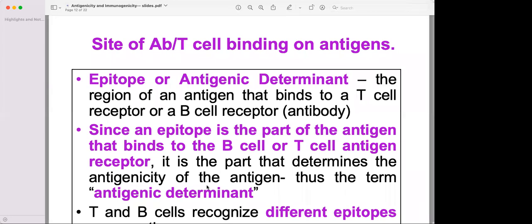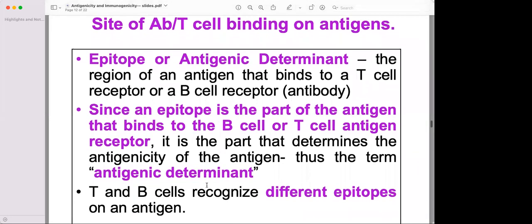You remember me talking about an epitope, that portion of the antigen to which the B cell receptor or T cell receptor binds. So when you hear the term epitope or antigenic determinant, these are two words for the same thing. It is that portion of the antigen to which the B cell receptors or the antibodies on the surface of the B cell bind, or that portion of the antigen to which T cell receptors bind.